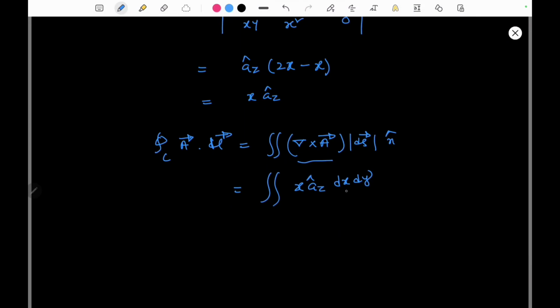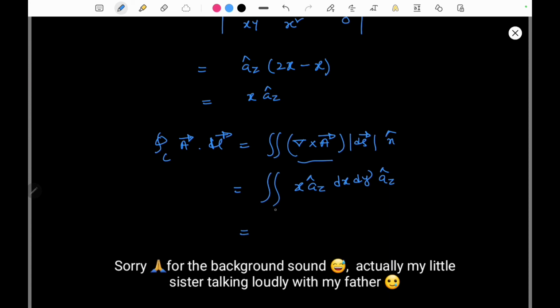And as it is the xy plane, its direction will be in the z direction, so we can write n cap as az cap. Now for the integration, we can write the limits here: x from 1 by root 3 to 2 by root 3, and y from 1 to 3.